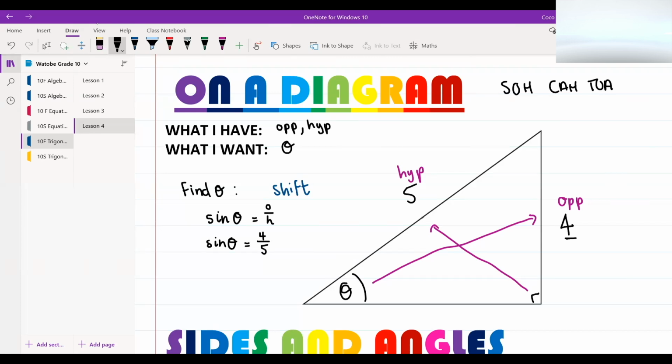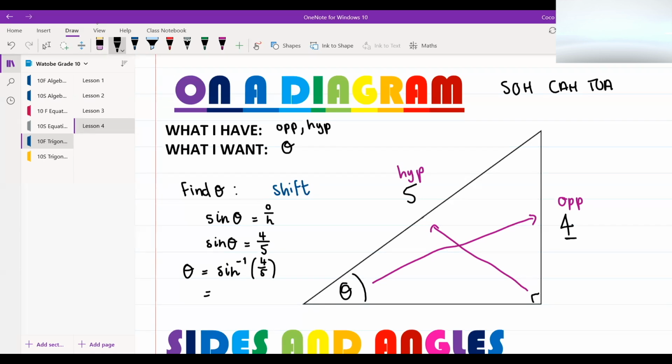Zudine, don't forget. So theta is equal to arc sine of 4 over 5. Click that on your calculator, guys. Click shift sine 4 over 5. Click equals. Hi, ma'am, just to refresh myself really quickly, are we looking for the adjacent?